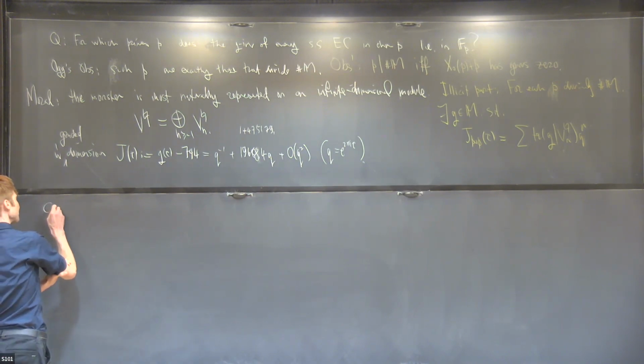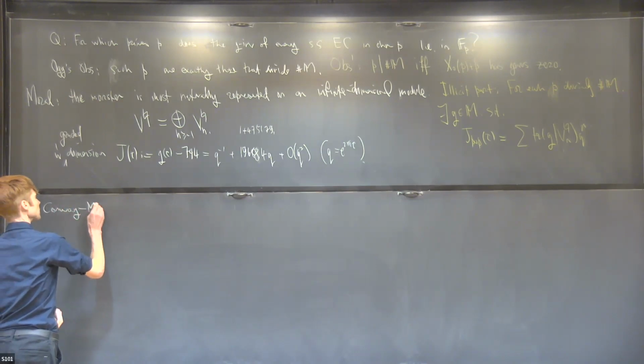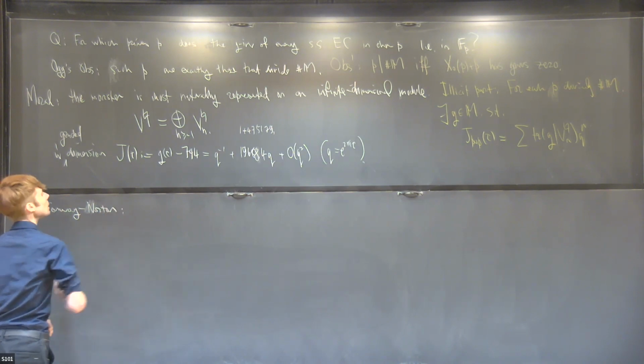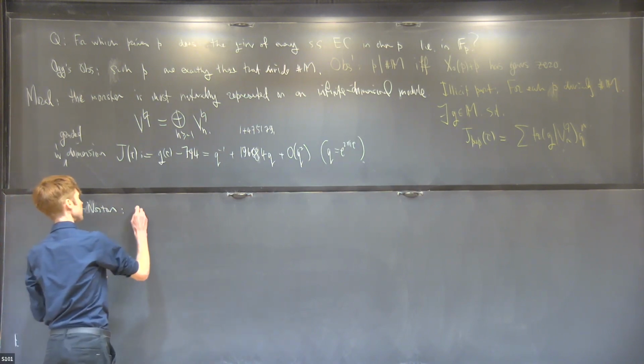So Conway and Norton, I assume with kind of help from Thompson, ran with this idea that there should exist a module whose trace functions should be principal moduli, analogs of the J function for other genus zero groups.